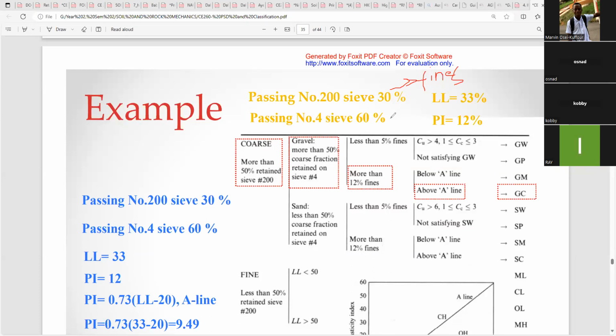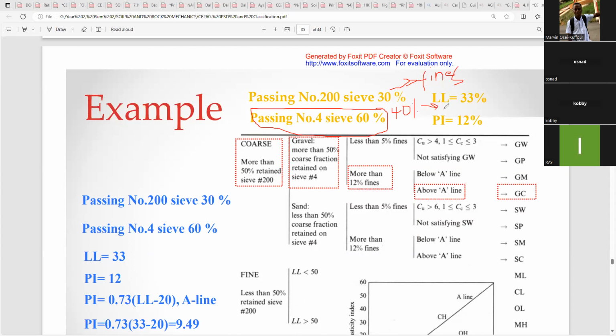So what is that percentage? We have passing to be 60. So it means how many retained? 40%. Okay, so we have 40% to be our gravel.